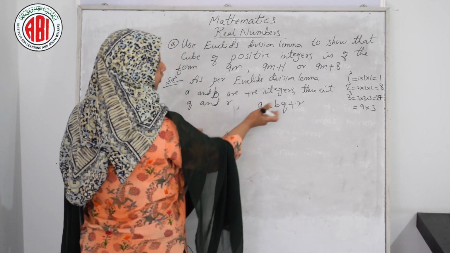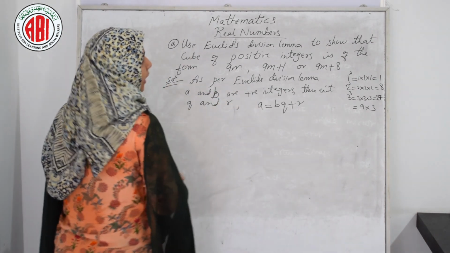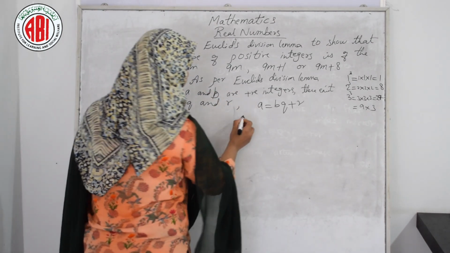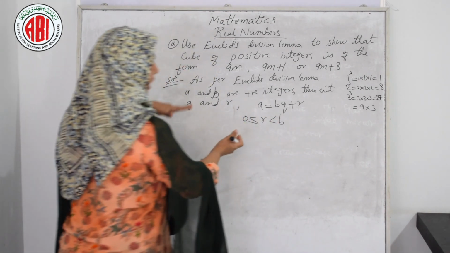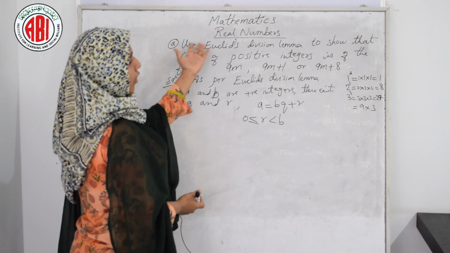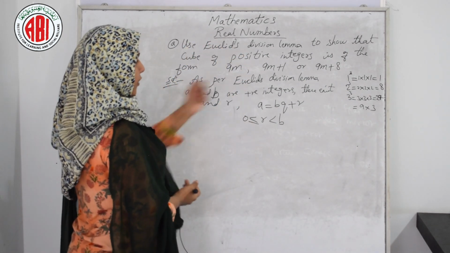Same thing, this equation we are going to apply in every problem. A is equal to bq plus r, and what is the condition? 0 less than or equal to r less than b. Always we have to use this whenever the question comes like this, where you have to prove division problems based on Euclid's division lemma.